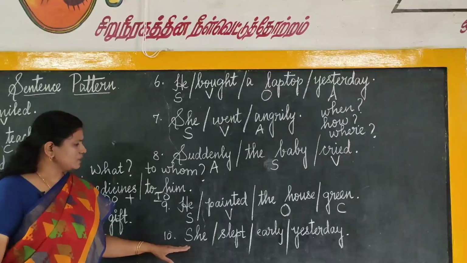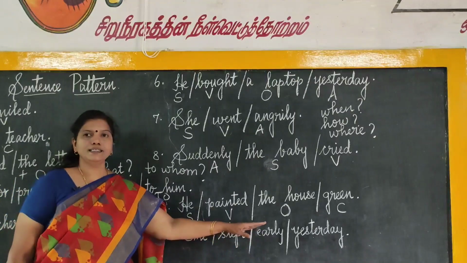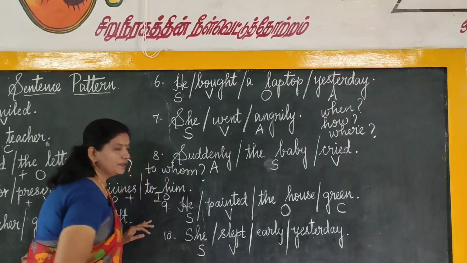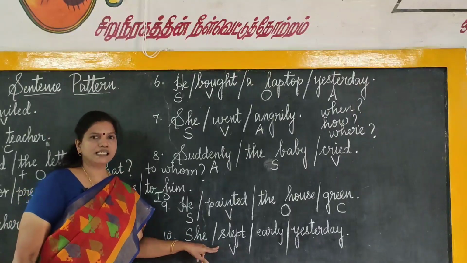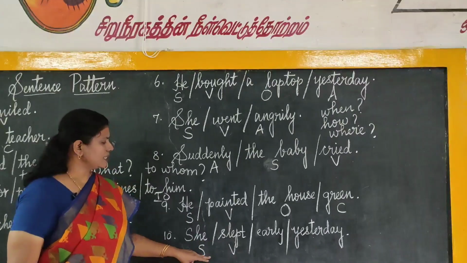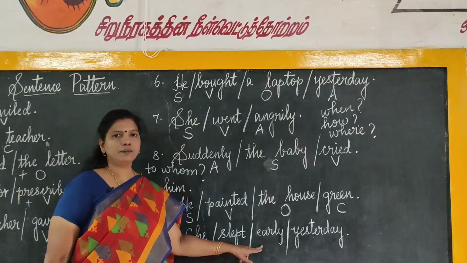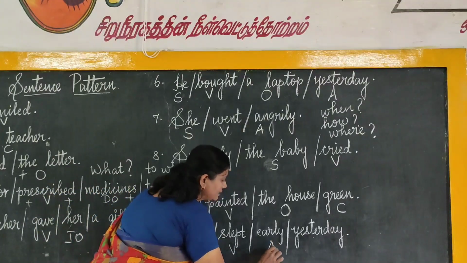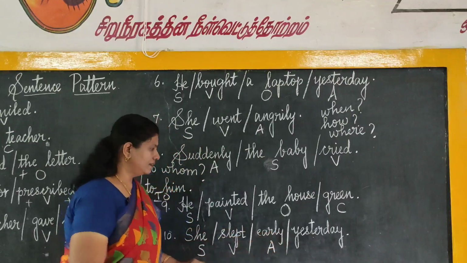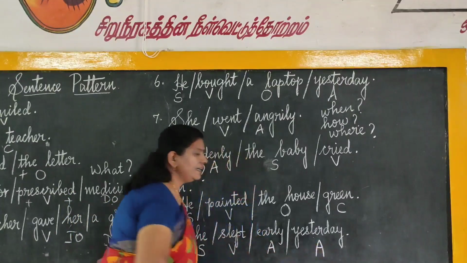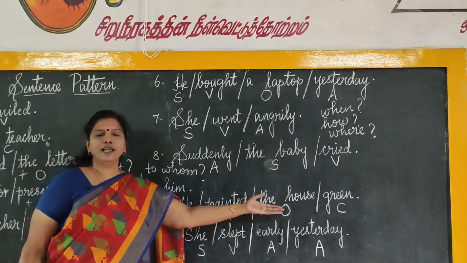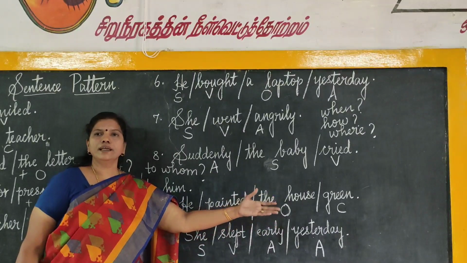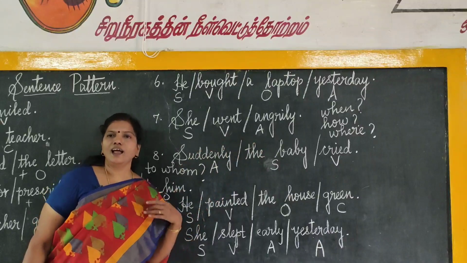Next, last one, she slept early yesterday. She is the subject here, slept is the verb. Slept is the past tense of the verb sleep, right? So subject, verb. When did she sleep? Early. Early, adjunct. Again when? Yesterday. Again, if any time is given, like at 8 p.m., then that is also A. Any number of A can be added.